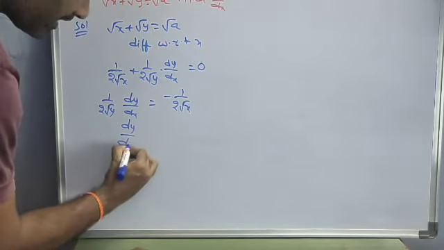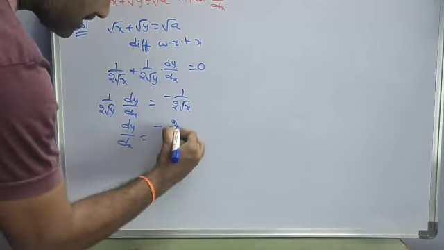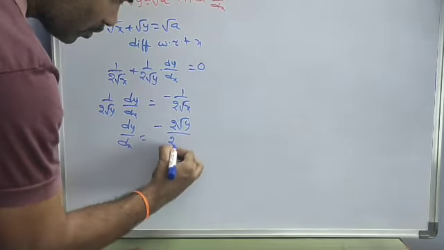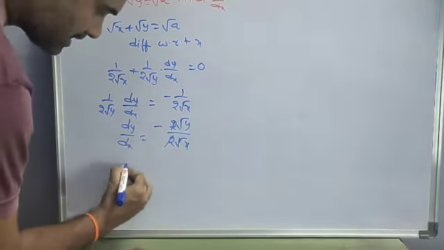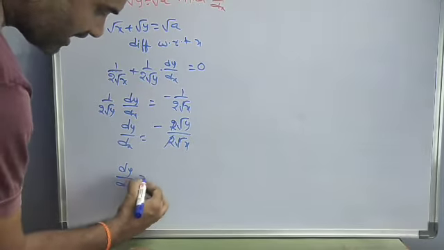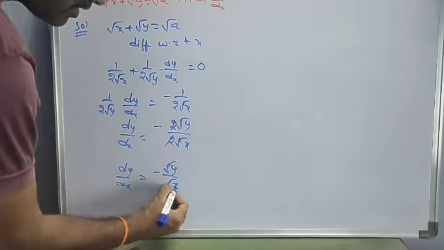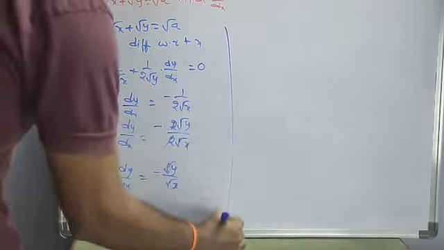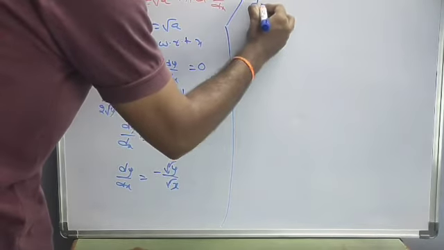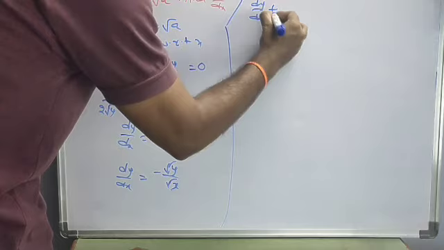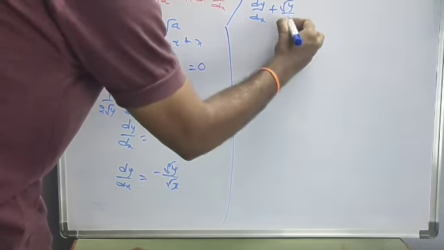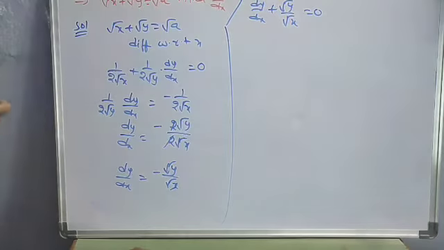So dy by dx equal to minus 2 root y by 2 root x. The 2 gets cancelled, so dy by dx is minus root y by root x. You can also write it as dy by dx plus root y by root x equal to 0.